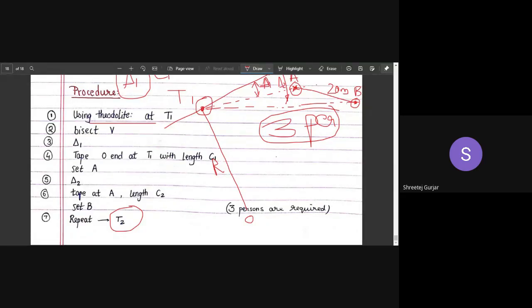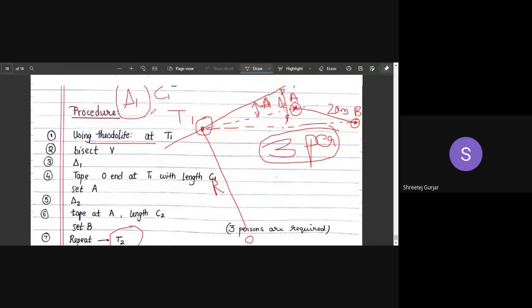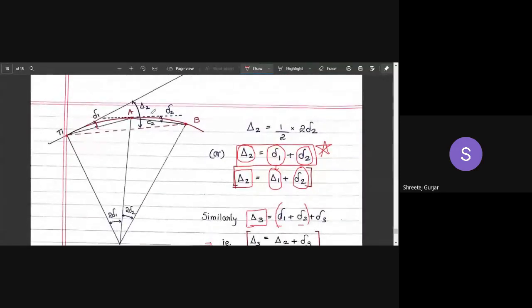Can you now reply whether you have understood or not? You can raise your hand if you have understood Rankine's method. Please raise your hand if you have understood Rankine's method. Let me see how many of you are active. What about others?